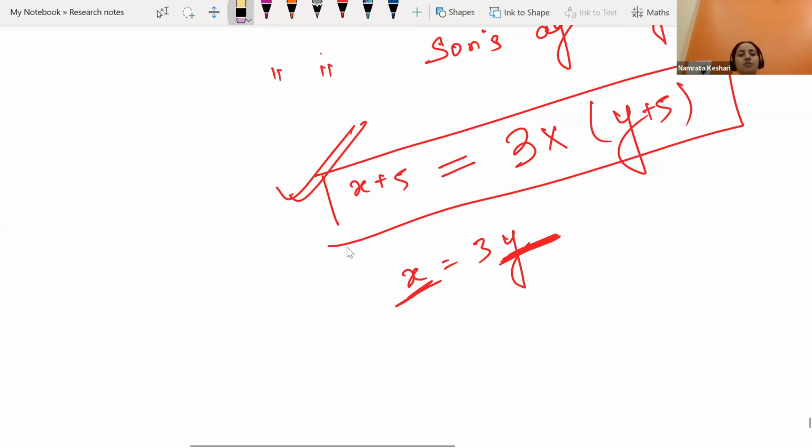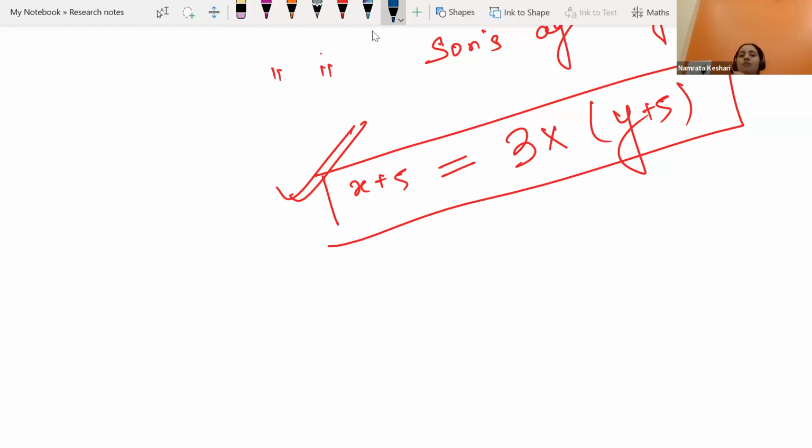So for age related questions, we will always start with the assumption of what is the present age of man and what is the present age of son. Whenever we solve an age related question, if the question is talking about 2 years back, directly we will not assume that 2 years back the age of the person was that, the age of his son was that.